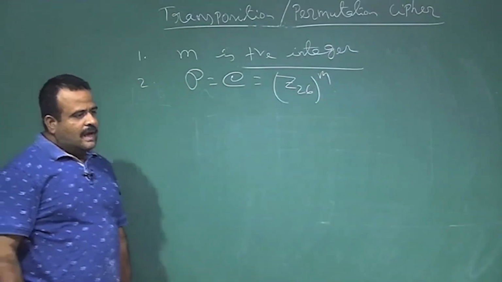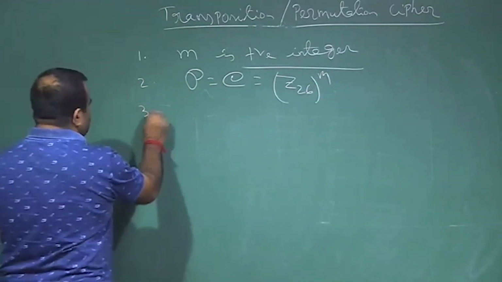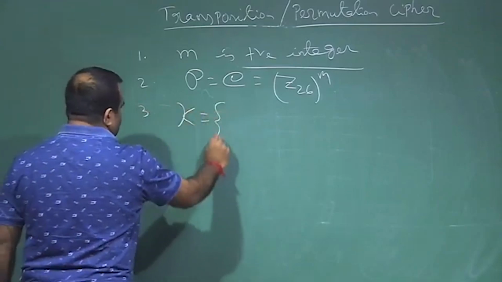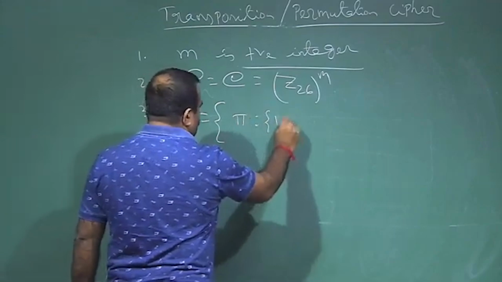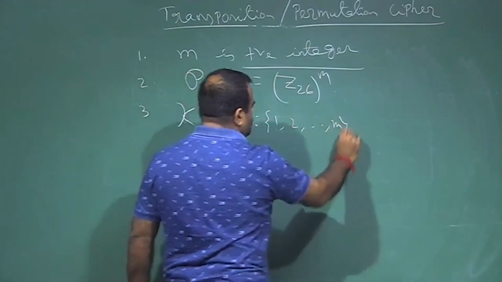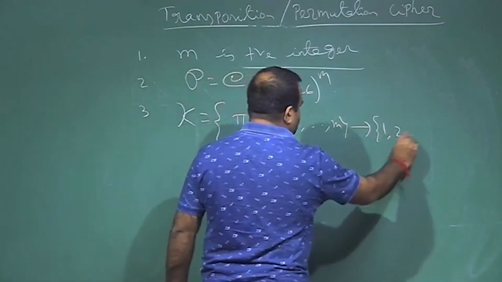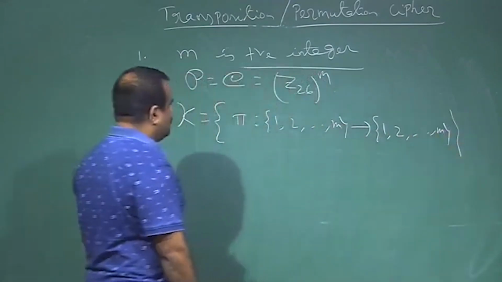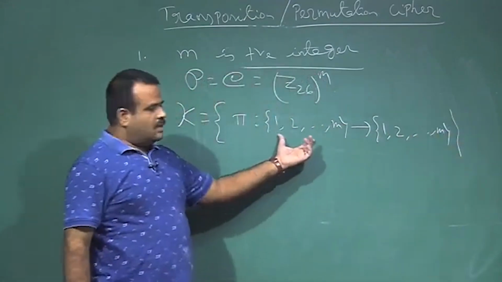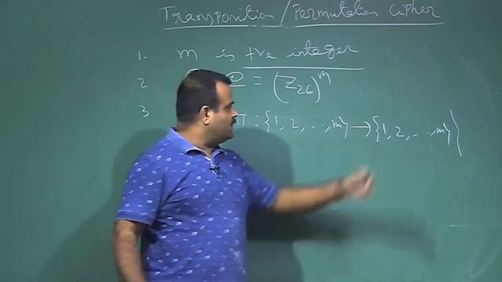And here our key space is the set of all permutations on the set 1 to m. So, it is basically the set of all bijective mappings from 1 to m to itself.